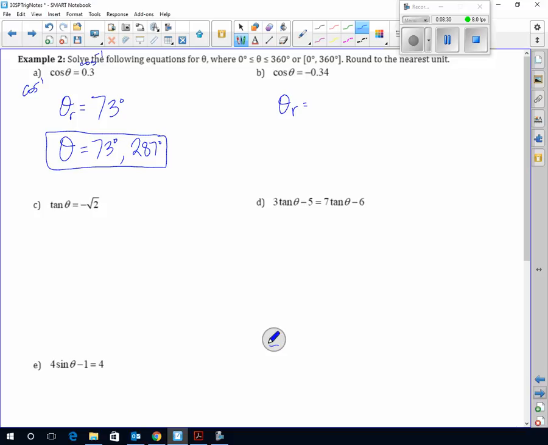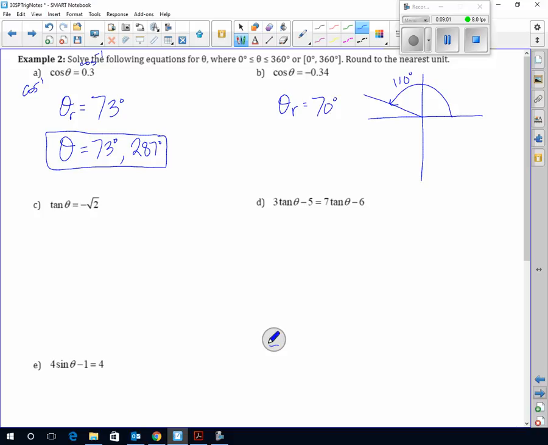So here's a little glitch in our thing. Sometimes it only happens for cosine when the cosine trig ratio is negative. It gives you that second quadrant answer, 110 degrees. So what in fact is my reference angle? 70 degrees. So there's a little bit of a glitch. So, yes.